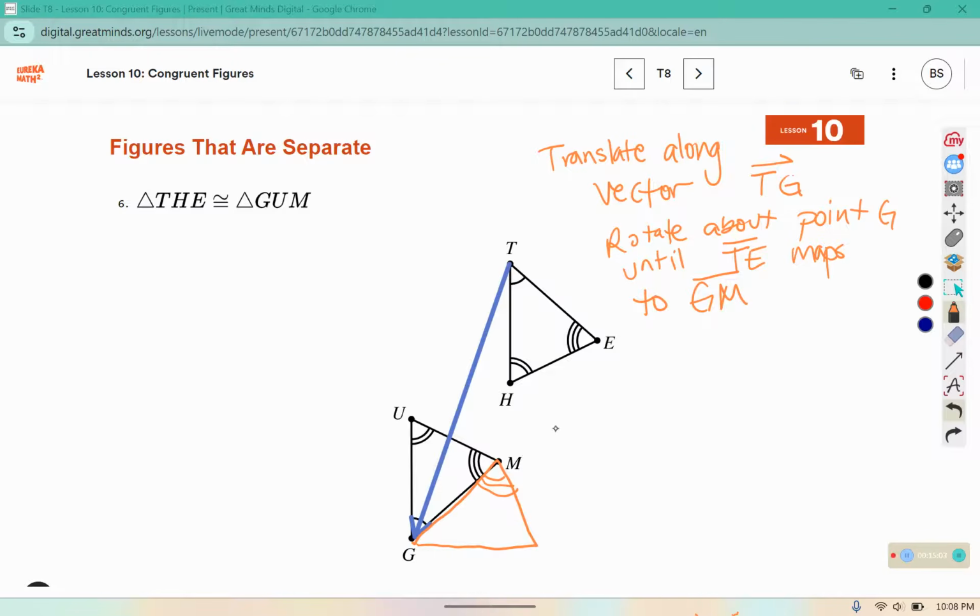And then I need to reflect it because this piece needs to stay here. If I continue to rotate, I'm going to put the wrong angle in that spot. So I can reflect over this line here.